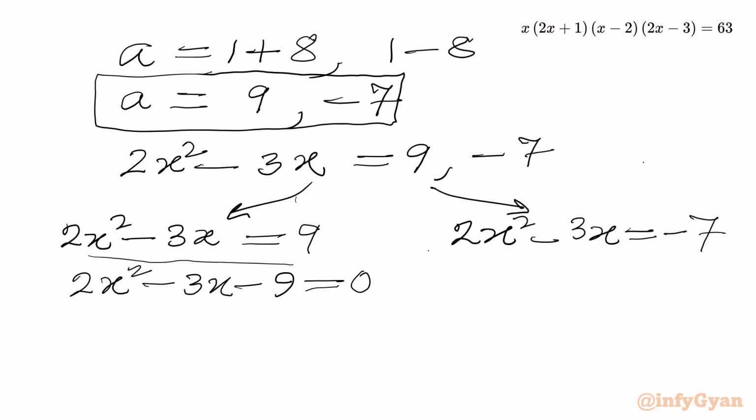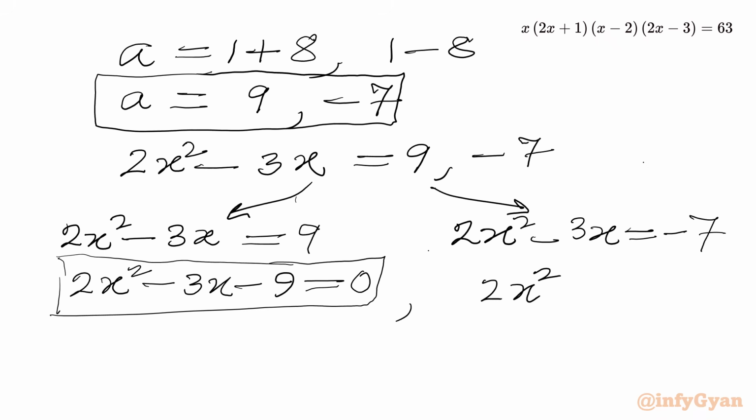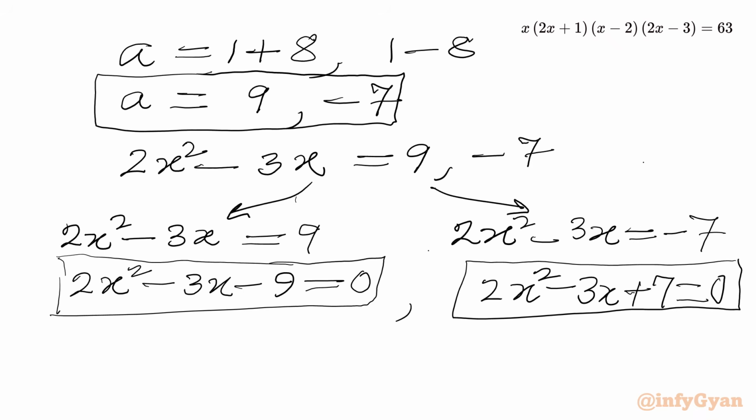This is the first quadratic equation. Now from the second equation we can write 2x square minus 3x plus 7 equal to 0. So we have to solve two quadratic equations.